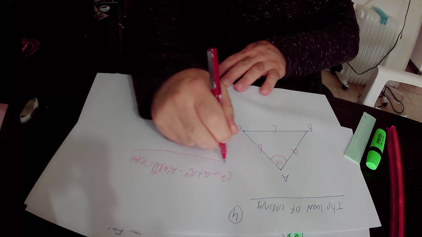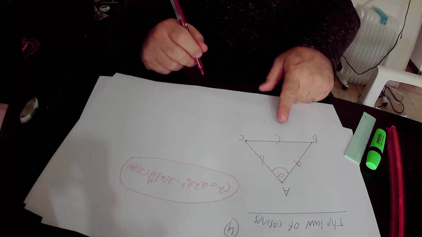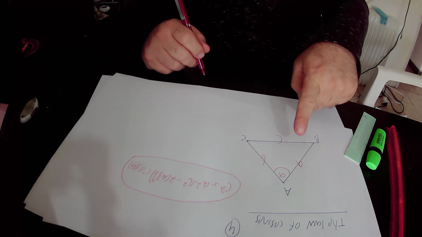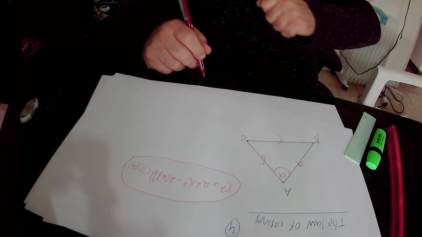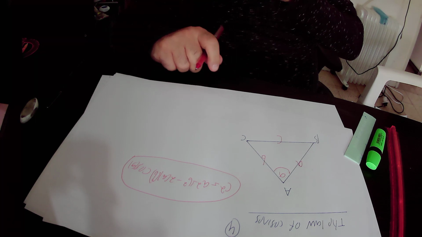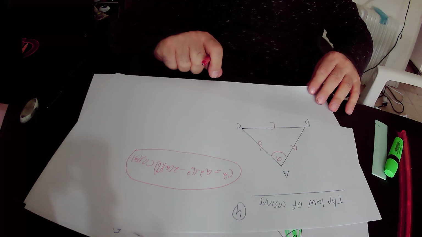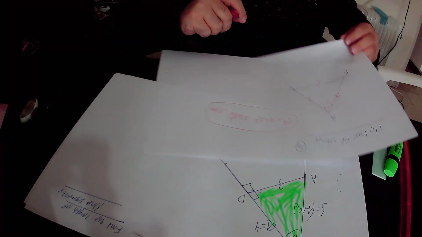I'll repeat again. According to the law of cosines, C squared equals A squared plus B squared minus 2AB cosine alpha. Okay, so we can implement the law of cosines in our triangle, triangle EBC.